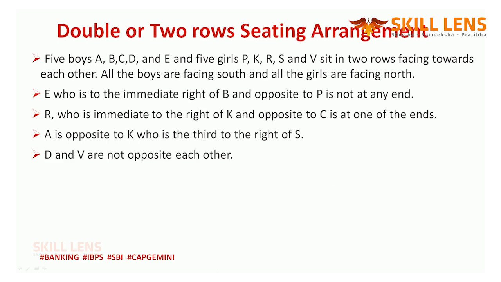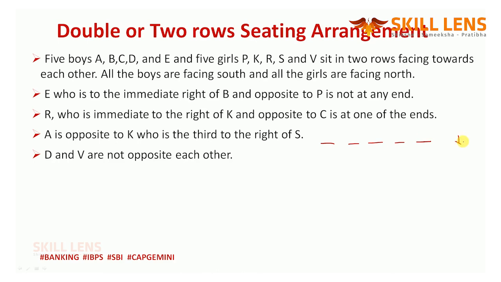5 boys A, B, C, D and E and 5 girls P, K, R, S and V sit in 2 rows facing towards each other. All boys are facing south and all girls are facing north. So let me place them 1, 2, 3, 4, 5.